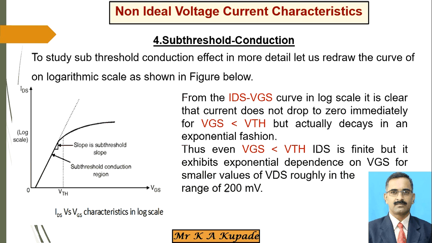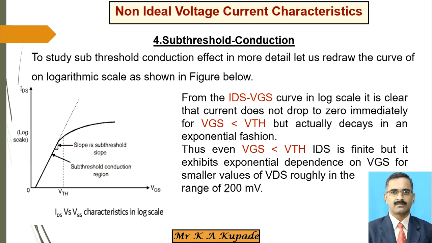But here, what is the sub-threshold? Below the threshold voltage, whatever current flows is nothing but sub-threshold conduction, and this is due to the smaller value of VDS, but it still depends on the VGS value.